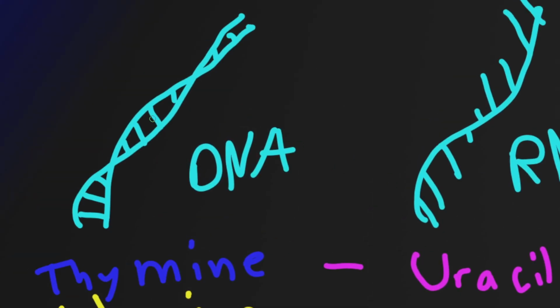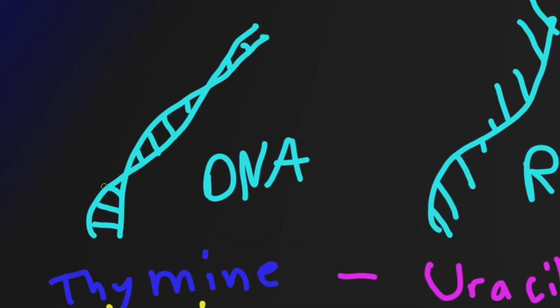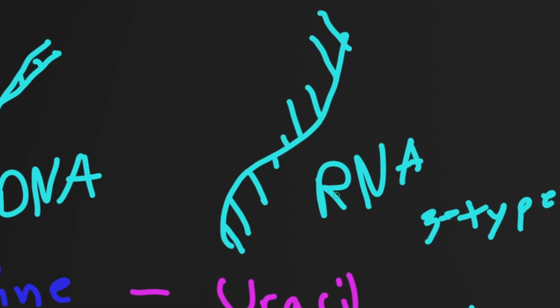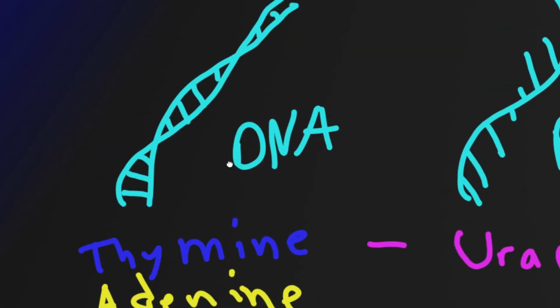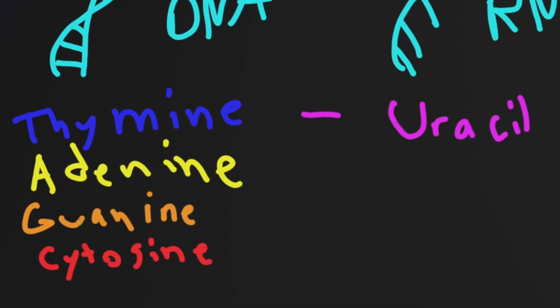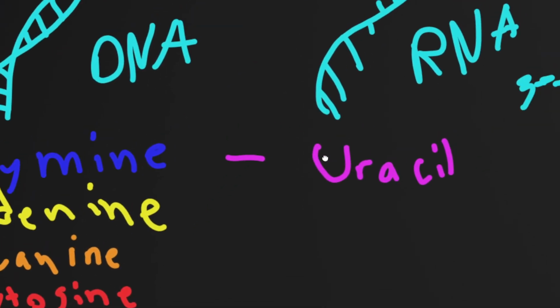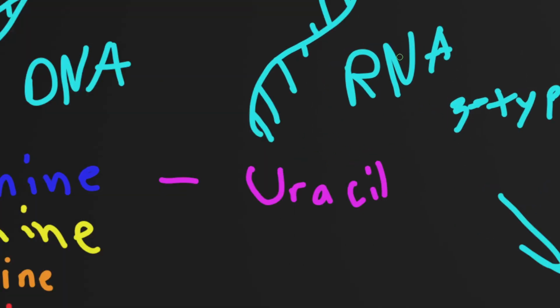DNA, you should probably know if you've ever taken any biology class: 2 strands, nitrogen bases. RNA, 1 strand, many nitrogen bases. The nitrogen bases are thymine, adenine, guanine, and cytosine. For RNA, thymine is actually replaced with uracil. We'll get to that later.